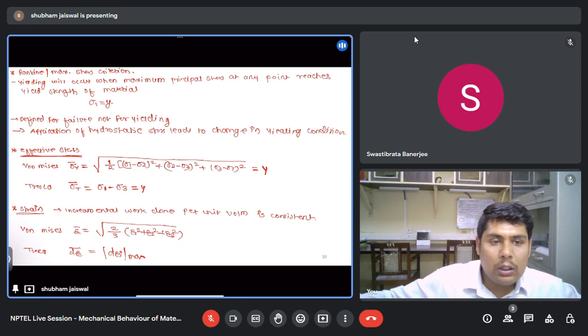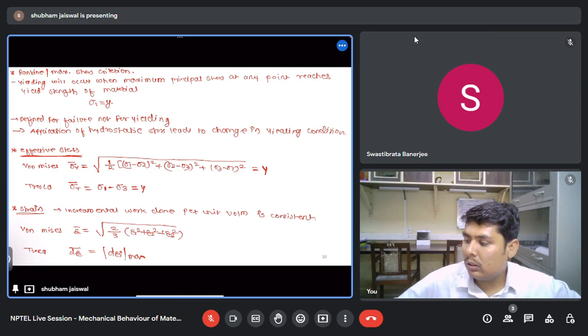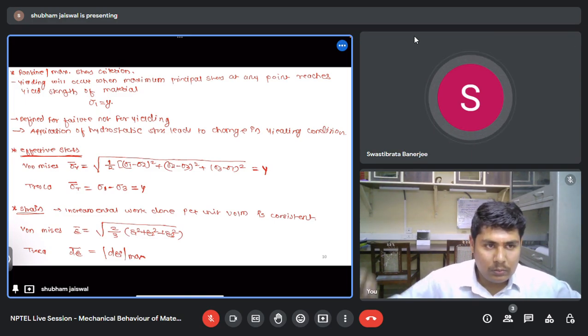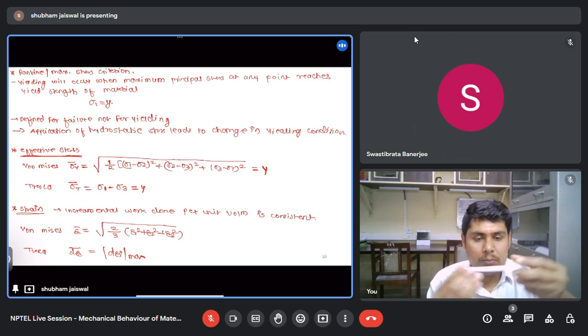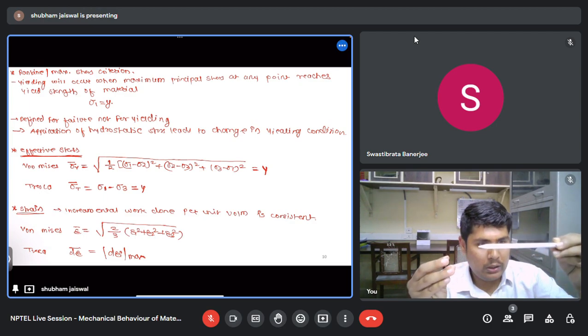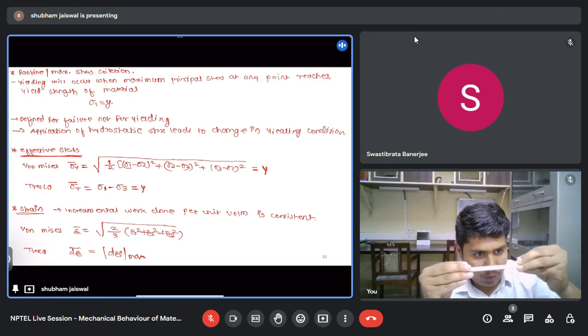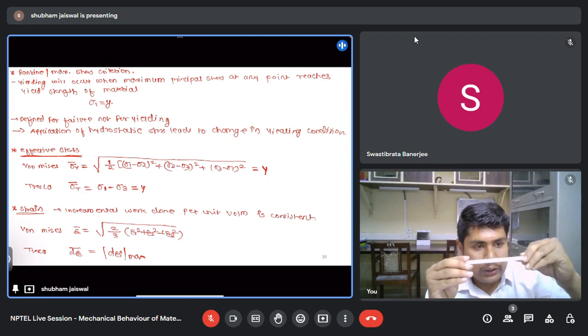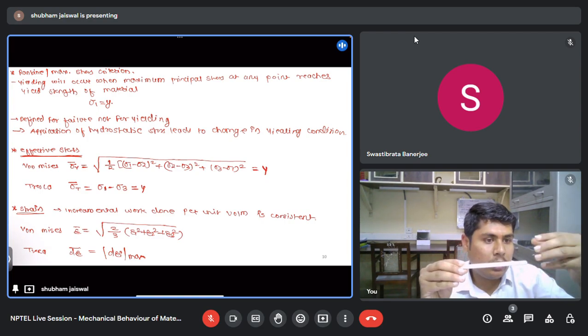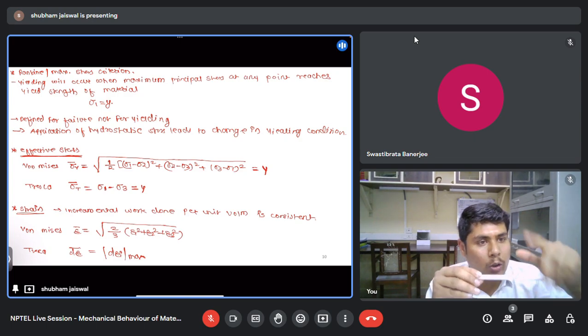So Swatibrata, Mr. Banerjee, you were asking why is it happening? Yes, sir. Okay, so just assume simply, this is my material. If I am pulling from here, this is uniaxial, only one load is applied. So if the applied stress reaches the yield strength of the material, then only it will deform.